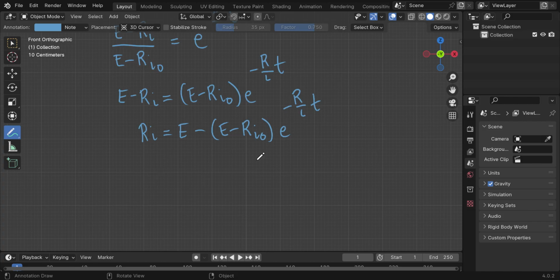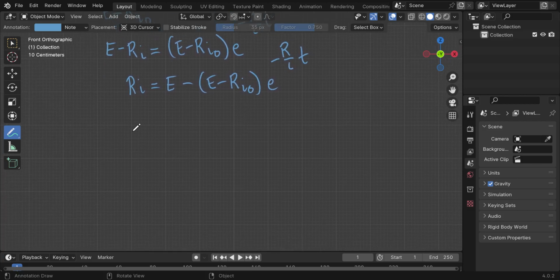Finally, we divide both sides by R and we get I equals E over R minus E minus R I0 over R times e to the negative R over L times t.